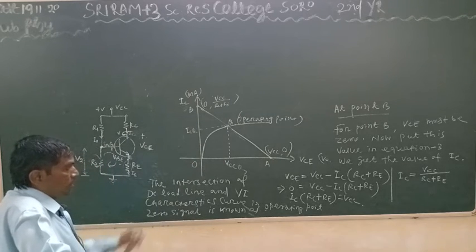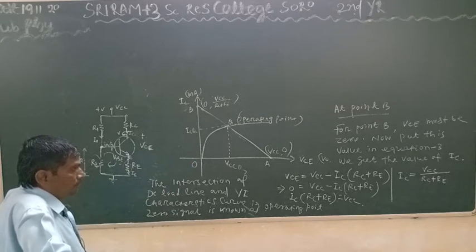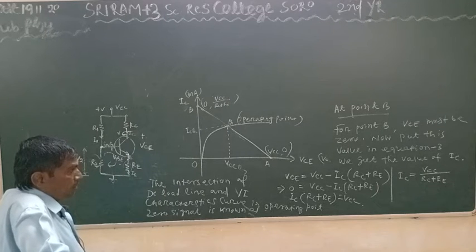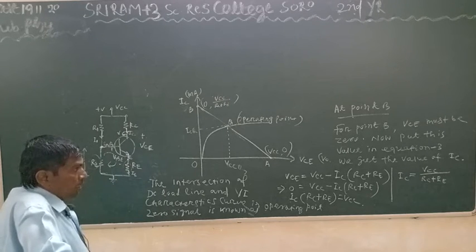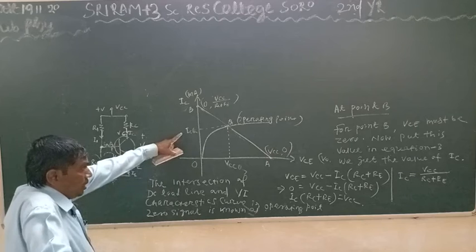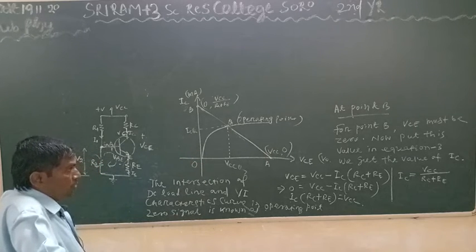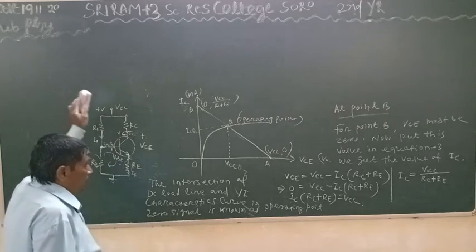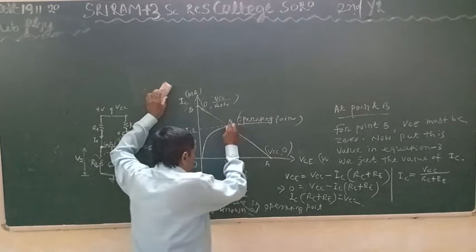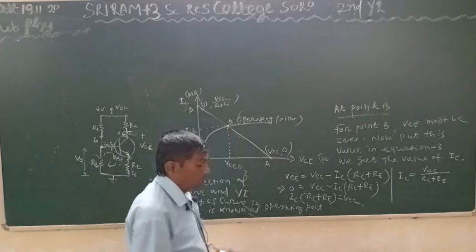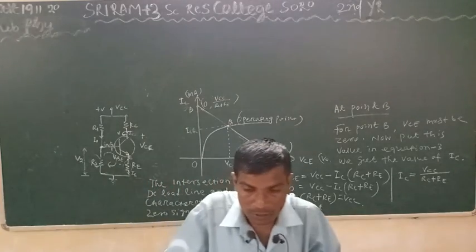Again we say that the zero signal ICQ and zero signal VCEQ is also known as the operating point. Now this operating point is known as the active point of a transistor.